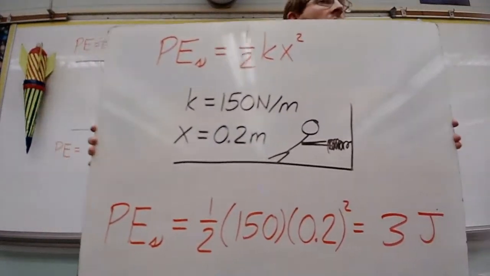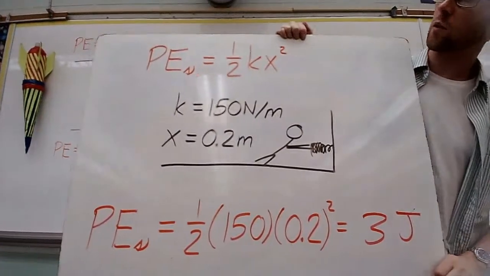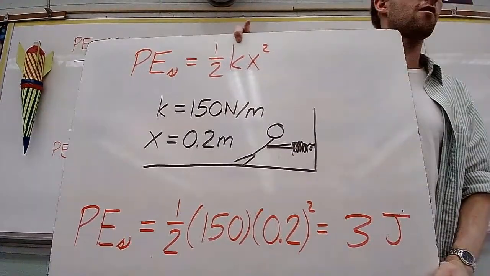So just a few little things about spring potential energy here. It's equal to 1/2 kx squared. This k is called the spring constant.